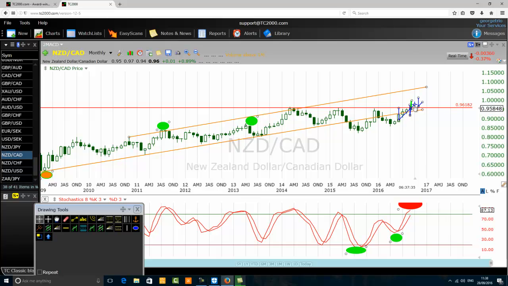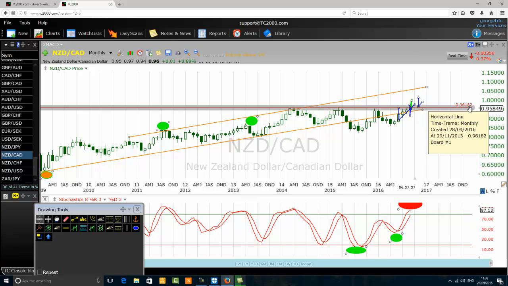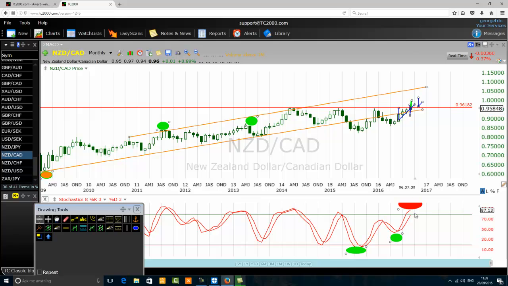But if the price breaks above the 0.9618, it does not mean that the stochastic pattern is invalid. It means that the market has changed, the sentiment has changed. But the indication here, to filter our false stochastic pattern, we have a bearish stochastic pattern. We want to make sure at least that we see that the price is at a resistance zone.